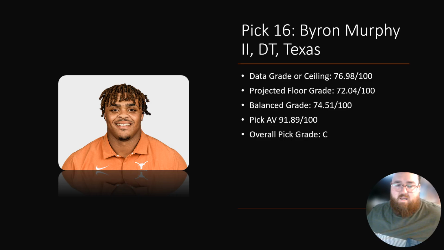When we get to the actual picks, starting with pick 16, Byron Murphy, the second defensive tackle out of Texas, his data grade, or his ceiling grade, is 76.98. When you take all of his data, his production, athleticism, age, and other statistical factors, put them all together and compare it to past prospects, he gets a 76.98 score.